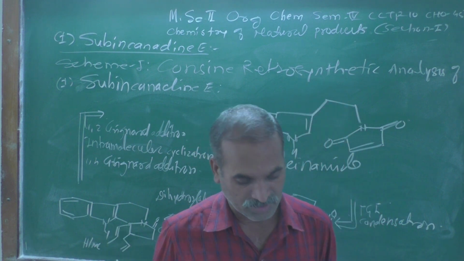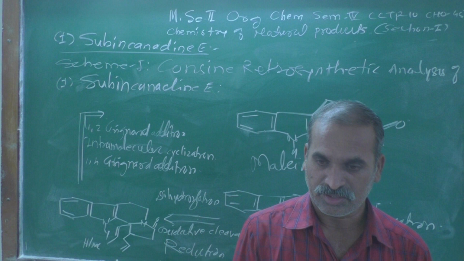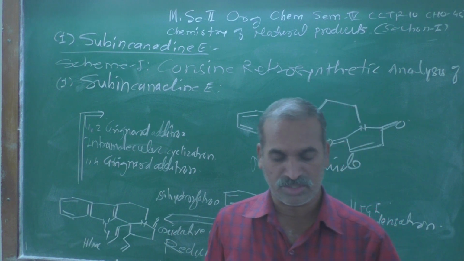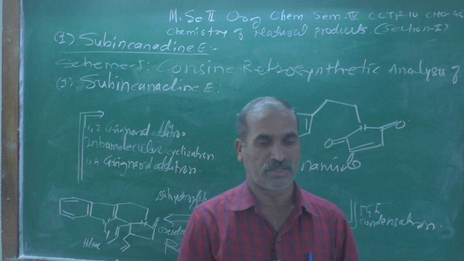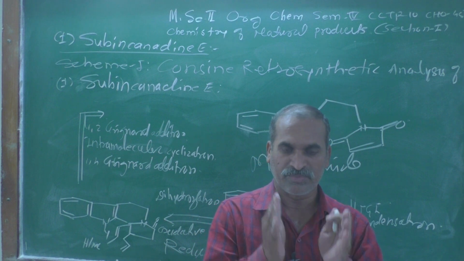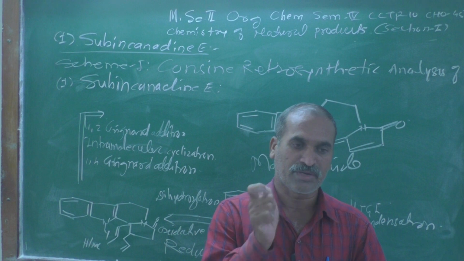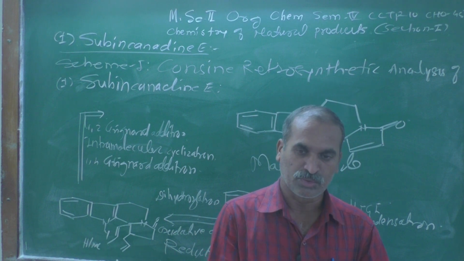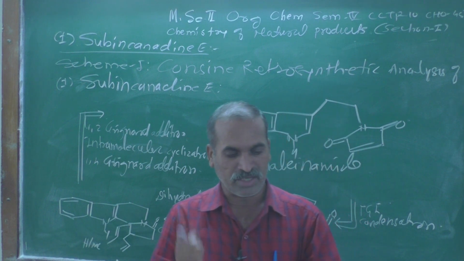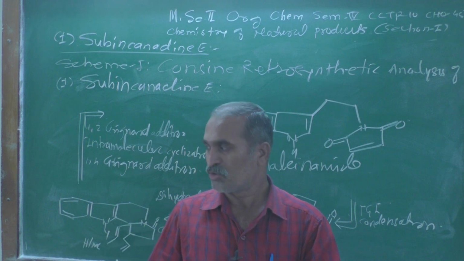That is the title of this paper, and we have studied the retrosynthesis up till now. From tomorrow onward, we are going to study the different schemes to synthesize sabine canadine E actually in the laboratory.